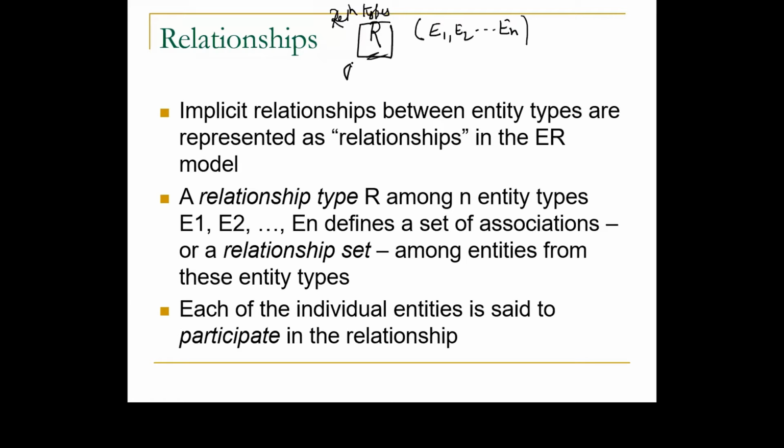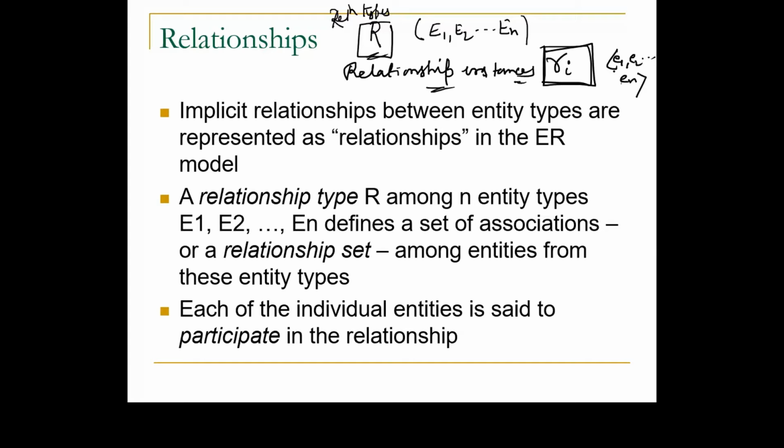It's nothing but relationship instances, which can be referred to as small Ri, where each Ri associates n individual entities.